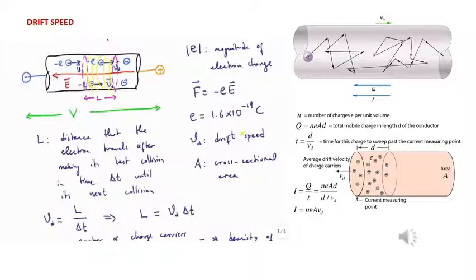And each electron will experience a force small e into capital E. And this will go on as long as the two forces have not become equal. The electrons will keep on accelerating as long as the net force has not become zero. After that, they will go on moving with a constant speed, and that speed is known as drift speed. Got it?